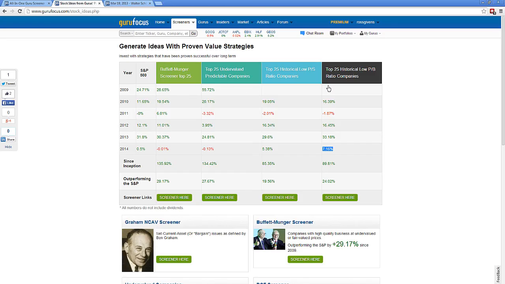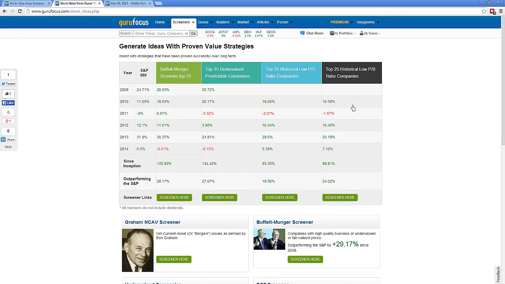So if you want to use some of our strategies that are built in here, you can say, look, I'm not going to throw money away blindly. I want to see what it's done. This is track performance of these. It's not back tested. It's live performance since we enacted these various screens. And so the low price to book, it barely was outperformed in 11, beat it in 12, beat it last year, is slaughtering it this year, beat it in 2010.